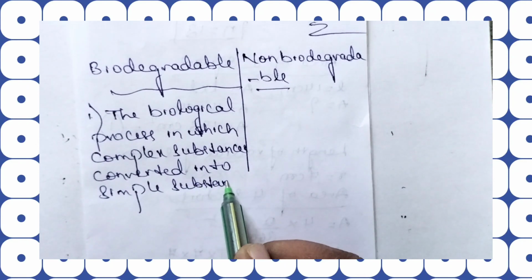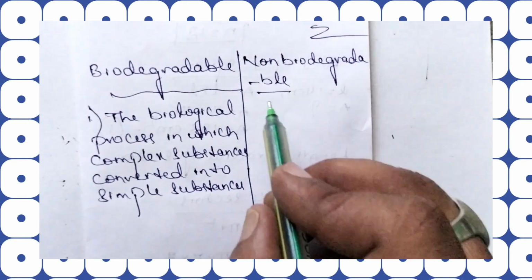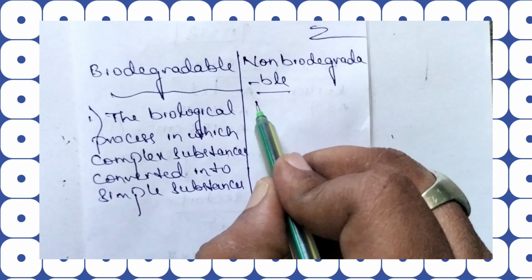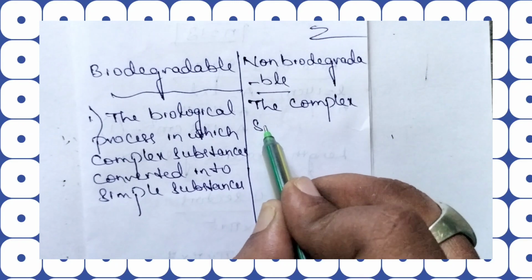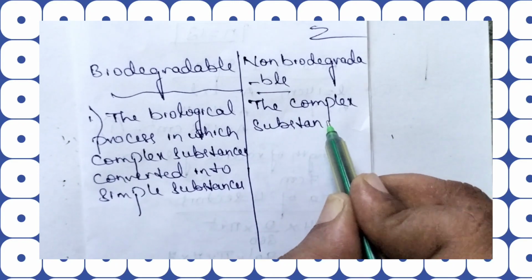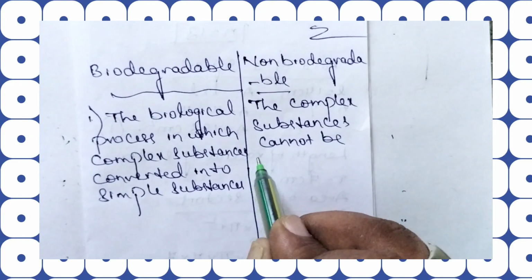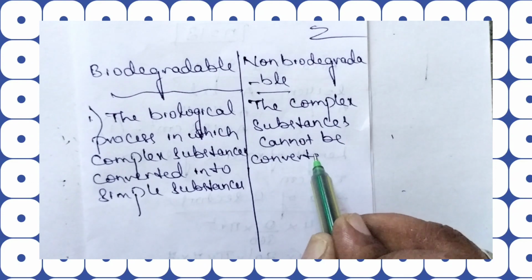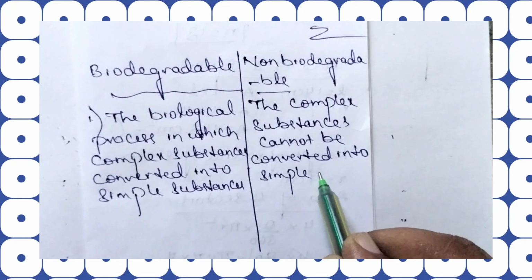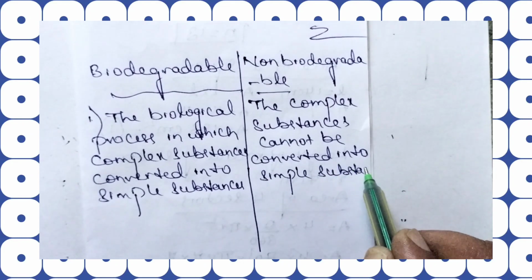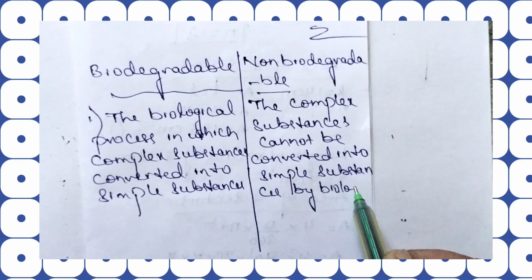Complex substances converted into simple substances. ಇದು ಫಸ್ಟ್ ಬಯೋಡಿಗ್ರೇಡಬಲ್ ಕಡೆ. ಈ ಕಡೆ ಬಂದರೆ the complex substances cannot be converted into simple substances by biological process.